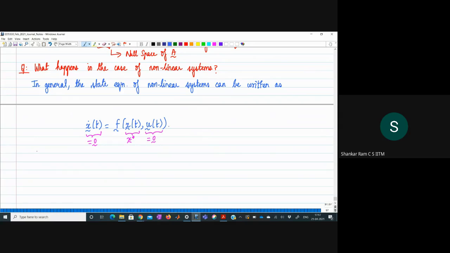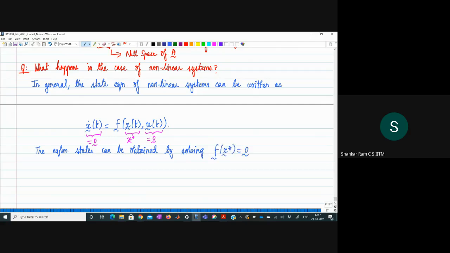Consequently, the equilibrium state can be obtained by solving f of x star equal to 0.